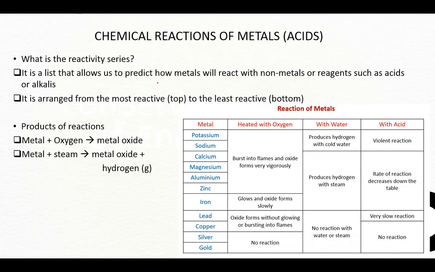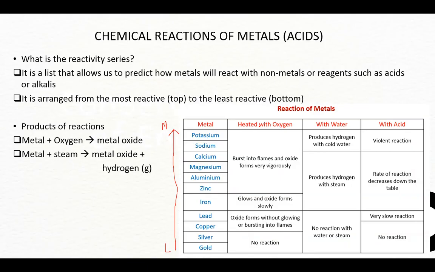It's arranged from the most reactive at the top to the least reactive at the bottom. And usually, with any diagrams that we have, the arrow goes from the least reactive to the most reactive, which we would find at the top.